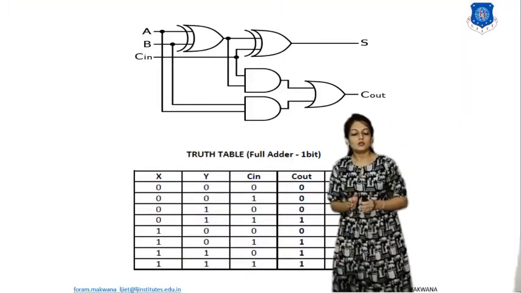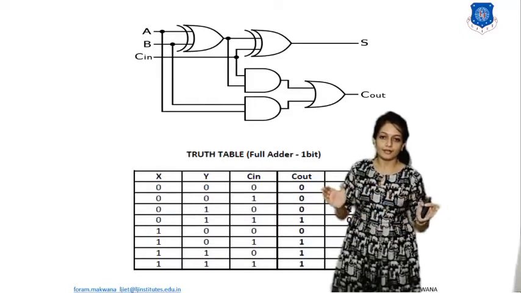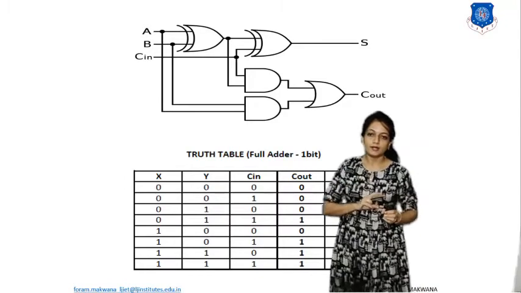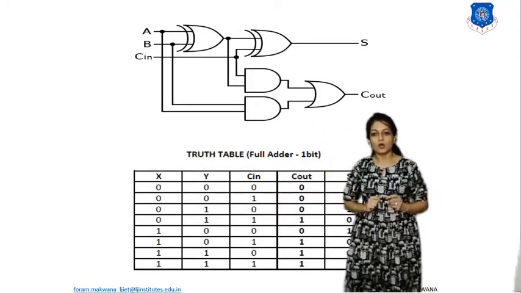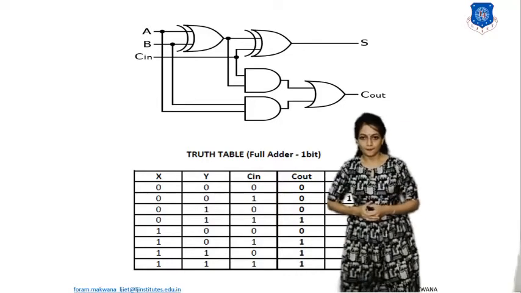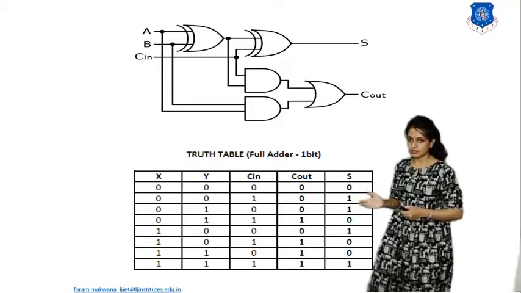Now, if I need to convert the full adder into the half adder, you require 2 half adders with a 1 OR gate. Alright, this is a truth table that we have already discussed.